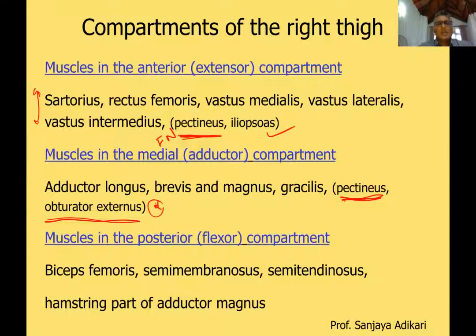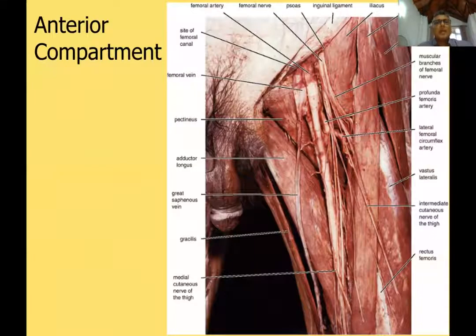When it comes to the posterior compartment, other than the biceps femoris, semimembranosus and semitendinosus muscles, you have to add the hamstring part of the adductor magnus. So that is the posterior part of the adductor magnus.